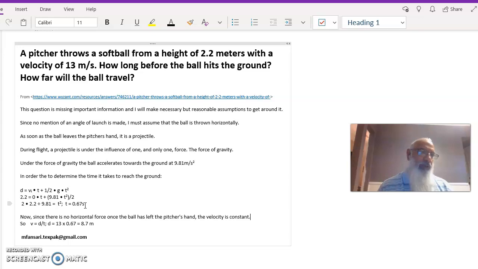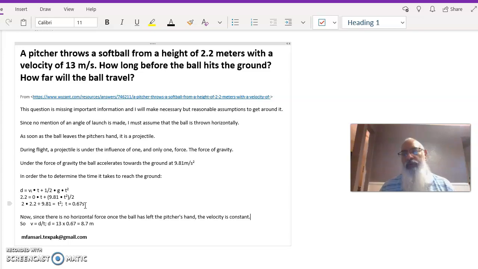So in this situation, we use the basic equation of motion that you've learned, that velocity equals distance over time. It's also used for average velocity, but it's one of the first equations you must have learned, connecting velocity, distance, and time. And so the velocity here is given as 13 meters per second.